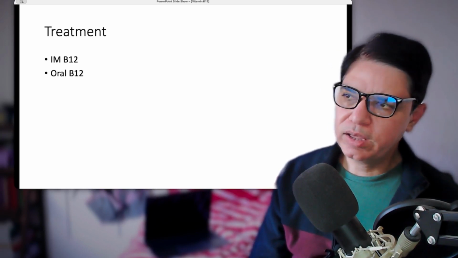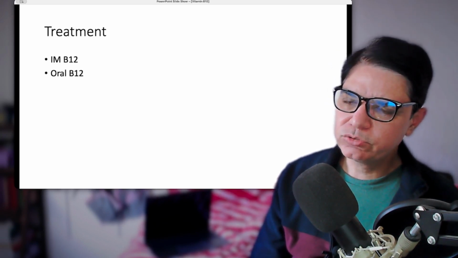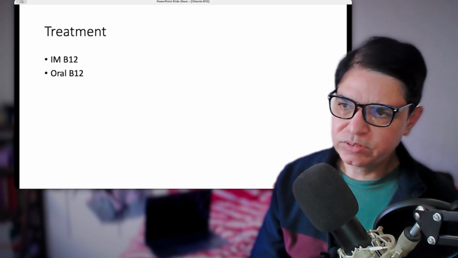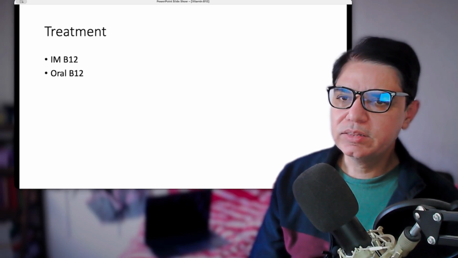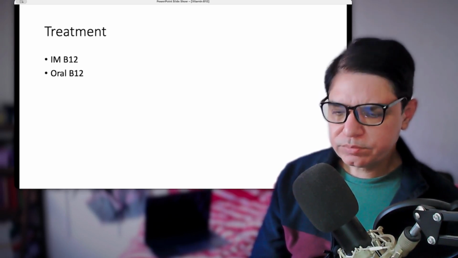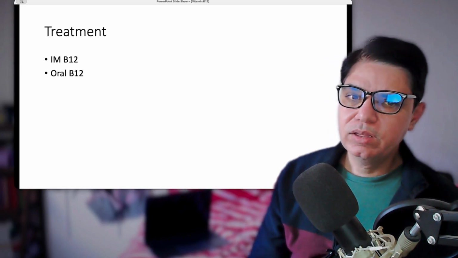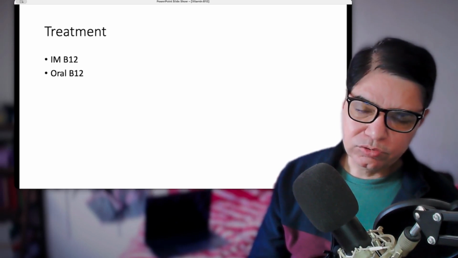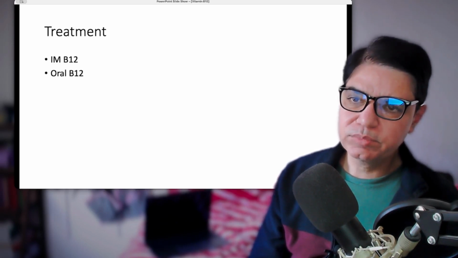For intramuscular, there is the BNF and the British Society of Haematology guidance. They say if somebody has neurological symptoms, they have to be given alternate-day intramuscular vitamin B12 for 3 weeks, or until the resolution of neurological symptoms.